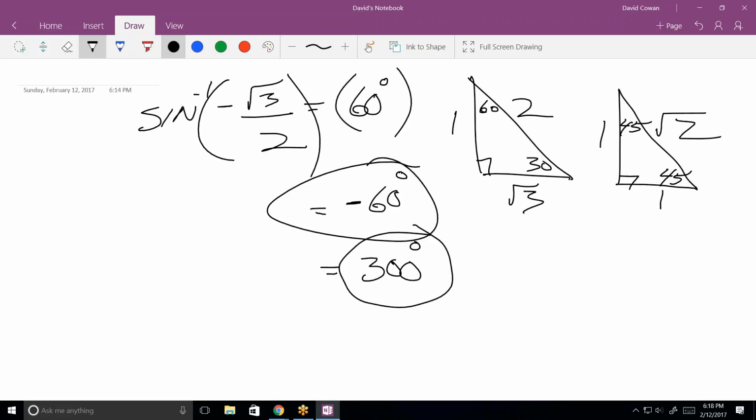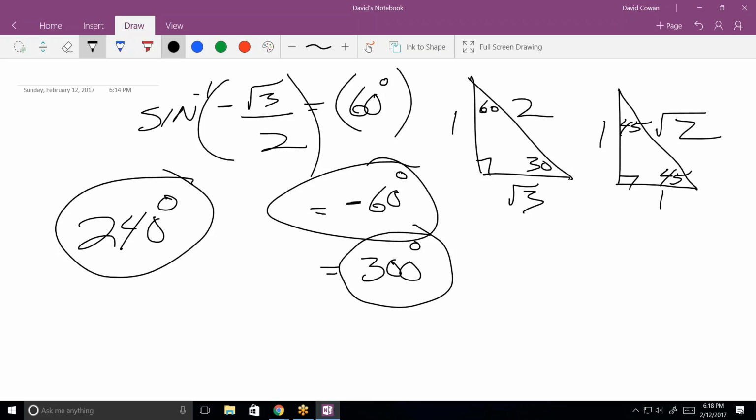It's never going to give you the third quadrant. In other words, there's a third quadrant angle of 240 degrees, where if you took the sine of 240 degrees, it would give you this answer, negative square root of 3 over 2.